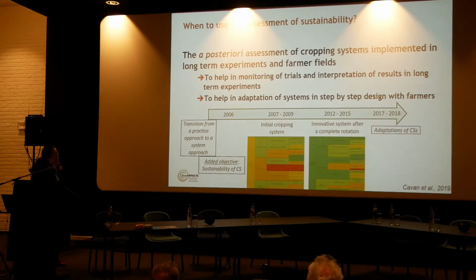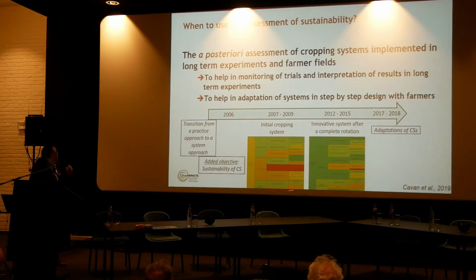In this case, the first diagnosis was done in 2006, and the objective was the transition from weed management with herbicides, nothing else. So the first step was, okay, we will manage, but also with agronomic levers, and one of them was the rotation.